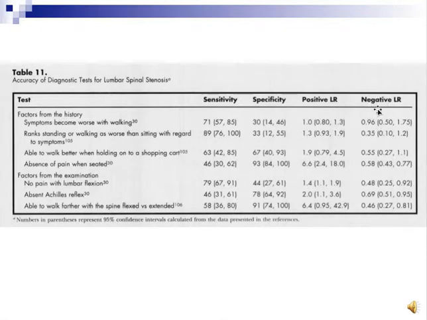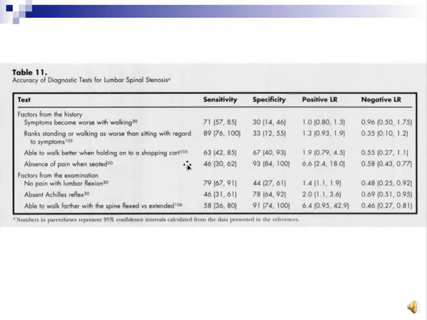Similarly, for a negative likelihood ratio, we want it to be as close to 0 as possible. But if it bridges 1, that also means it has no effect. Here it's very close to 1, and the confidence interval varies around 1, so that means it has no effect.